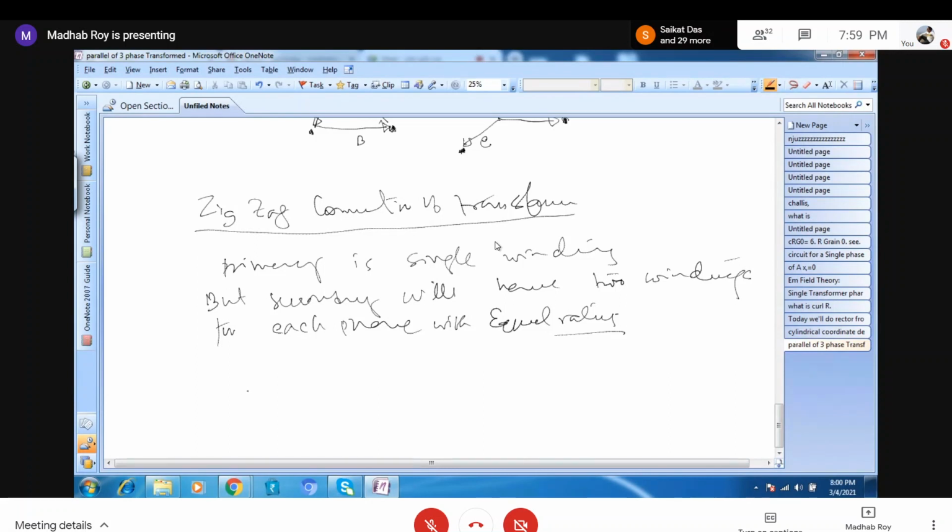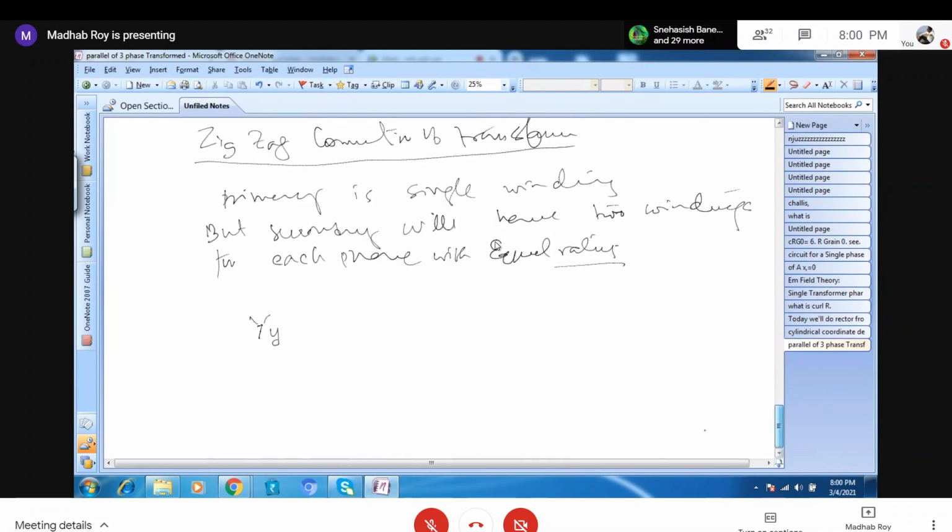So thereby, if we have a primary, suppose a Y. Okay. So what will then be the primary? Primary will be like this. So this will be Y, Yz. Okay.